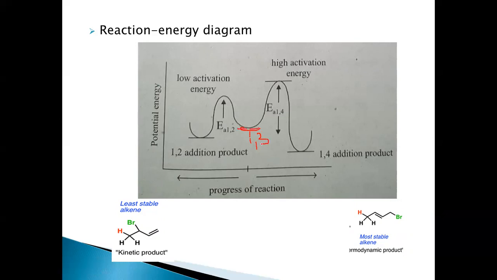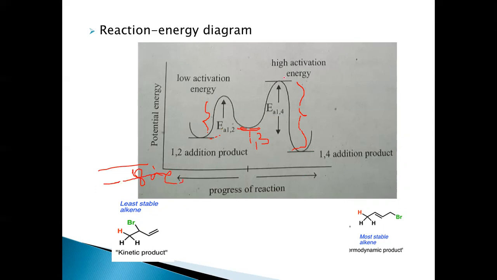The 1,3-butadiene can form either the 1,2 addition product or the 1,4 addition product. For the formation of the 1,2 addition product, the activation energy needed is less, but for the formation of the 1,4 addition product, the activation energy needed is more compared to that for the 1,2 addition product. So we have observed that the 1,2 addition product is the major product at minus 80 degrees centigrade.